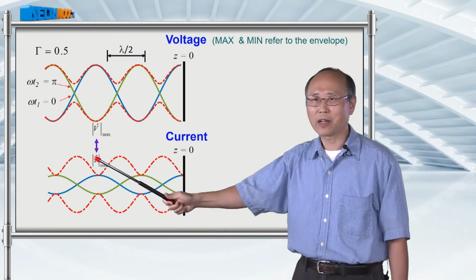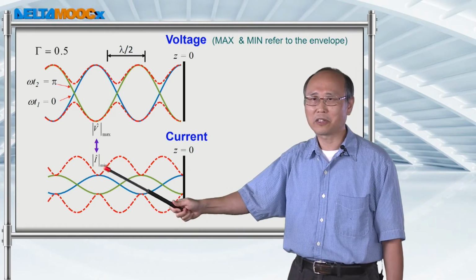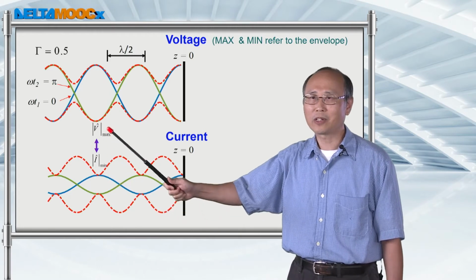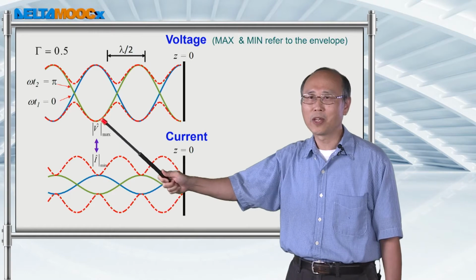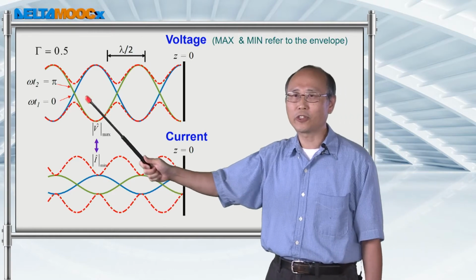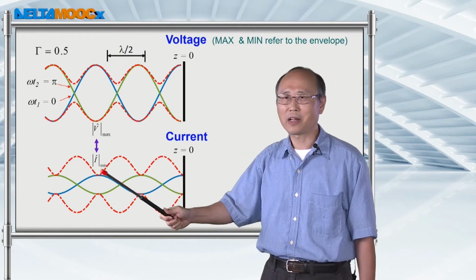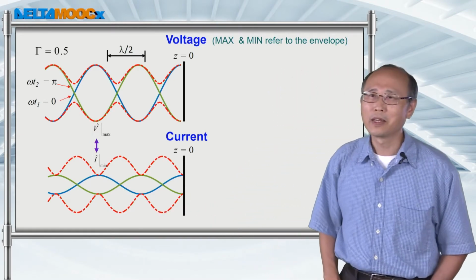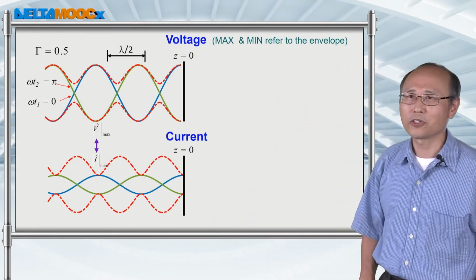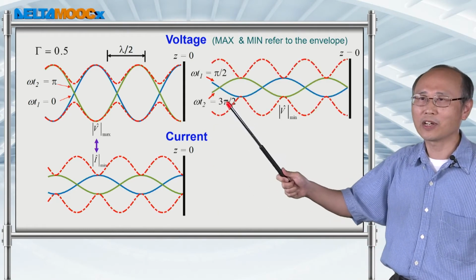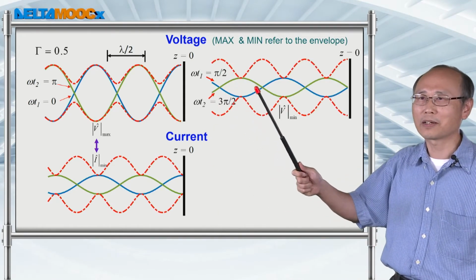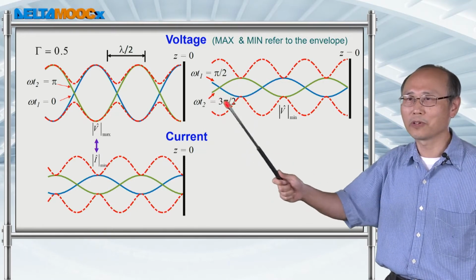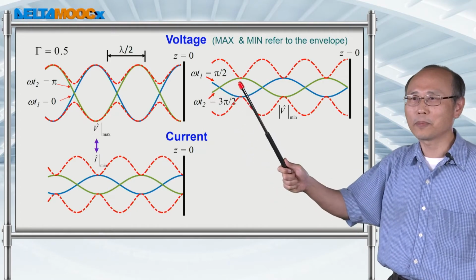But at the same time, the current is reaching the minimum point. So it's interesting to see that when the voltage signal reaches the maximum point, the current will hit the minimum point. And I can also show you that at different times, when the voltage is oscillating at these 2 time points, it reaches the minimum point here.